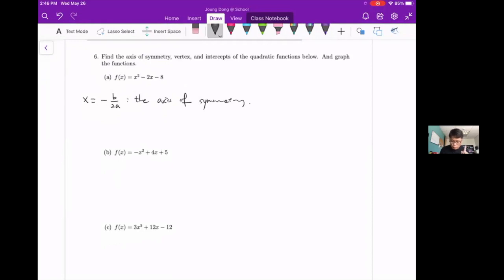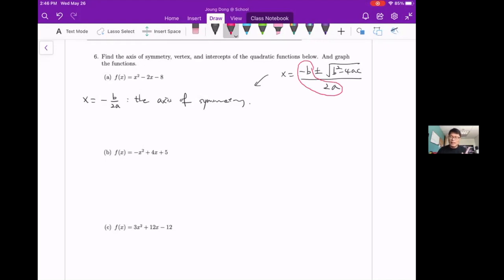Do you remember the quadratic formula? x is equal to minus b plus or minus the square root of b squared minus 4ac, over 2a. I hope you memorize this, okay? The equation for the axis of symmetry came from the first part of the quadratic formula. Then you can memorize it very easily, right?